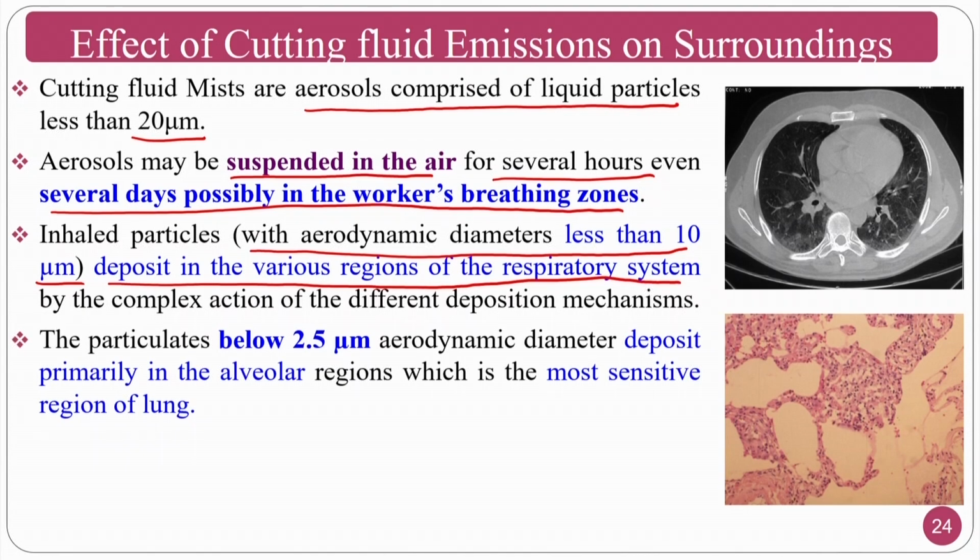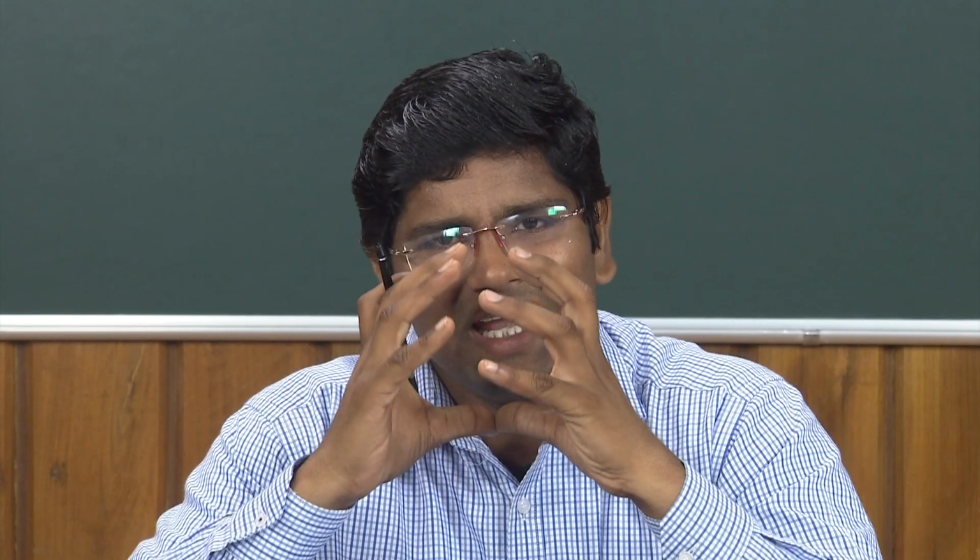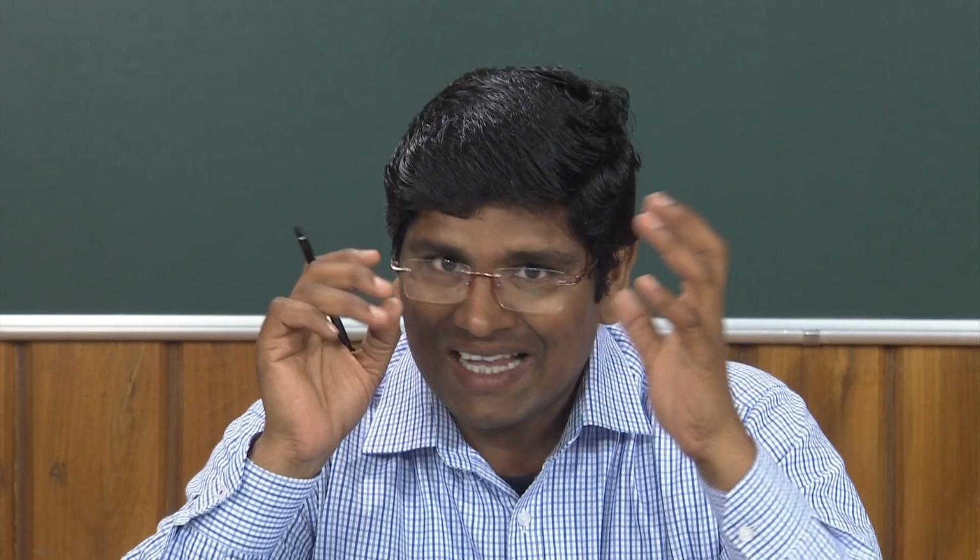At the same time, particles below 2.5 micron aerodynamic diameter deposit primarily in the alveolar region, the most sensitive part of the lungs.